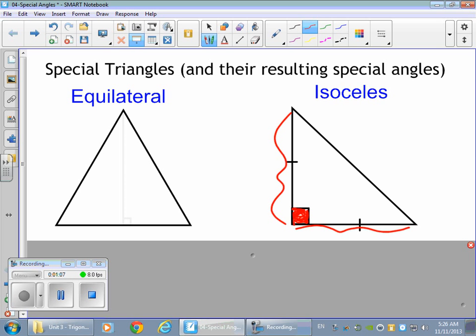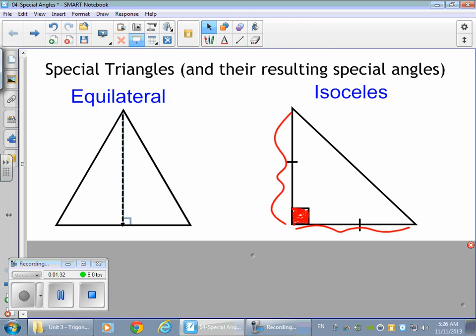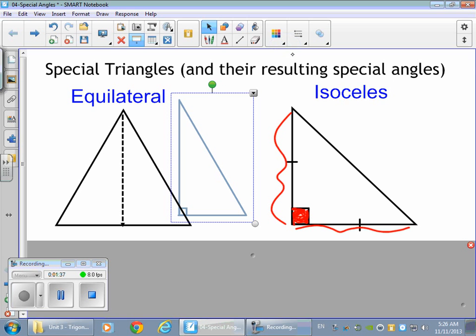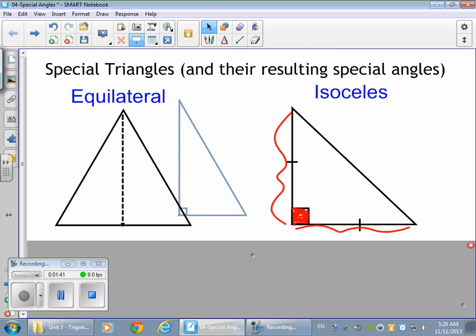With the equilateral triangle, the right angle's not there. But if we sketch in a right angle right there, we end up with two triangles, each of which ends up having a right angle in it and being special cases.